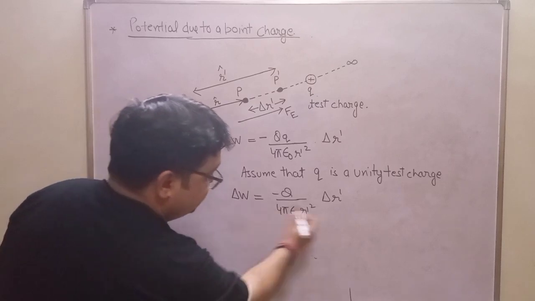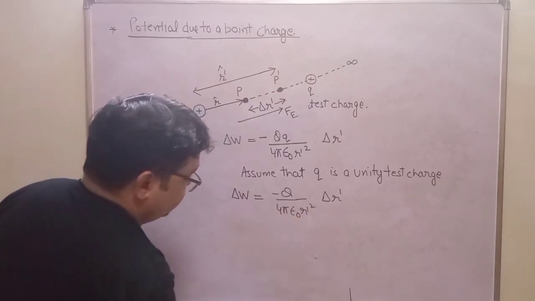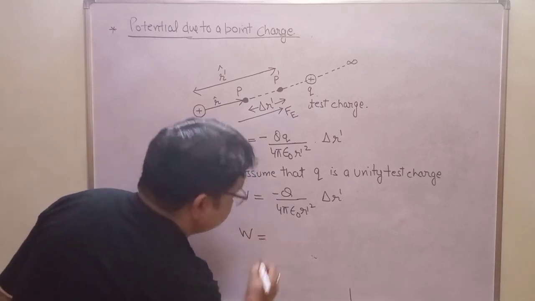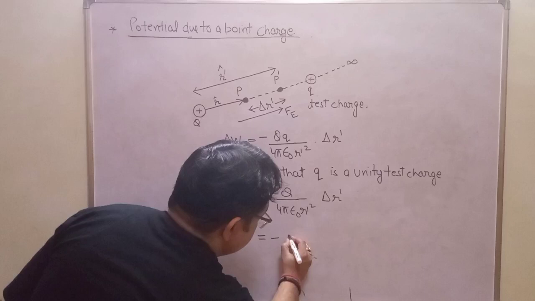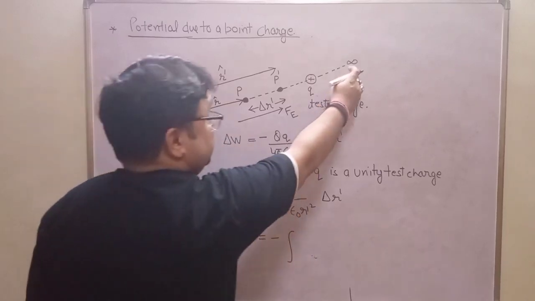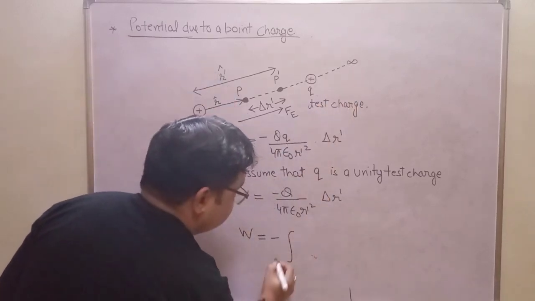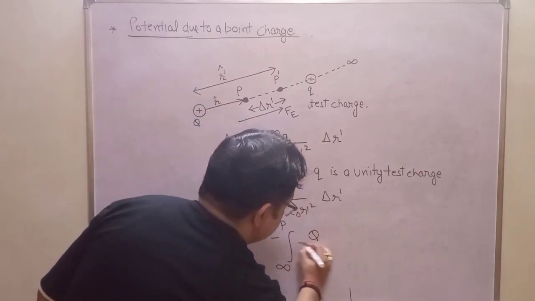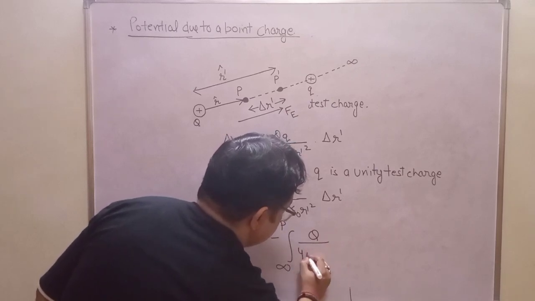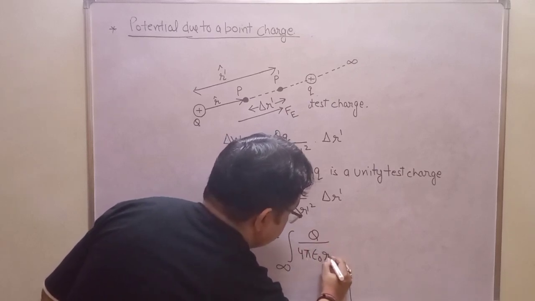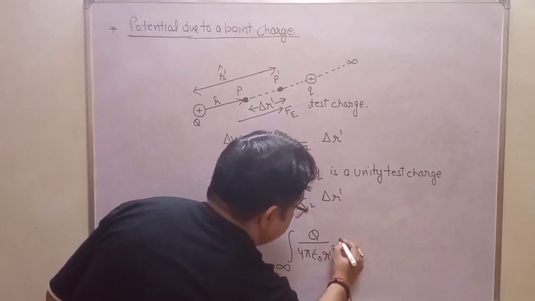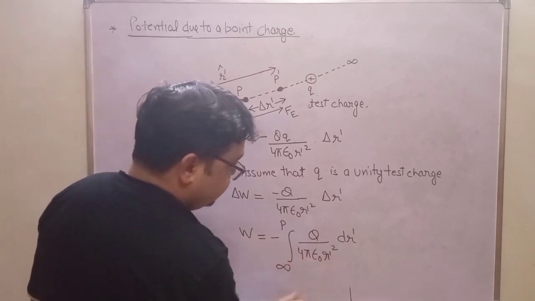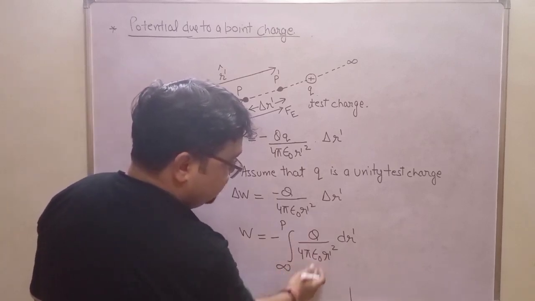By integrating this equation, we can get the total work done. Left side will become W and you integrate this. The lower limit will be infinity because we are bringing the charge from infinity to point P. Inside the bracket, Q upon 4 pi epsilon naught r dash square dr dash. So you integrate this thing, Q is constant, 4 pi epsilon naught is constant.